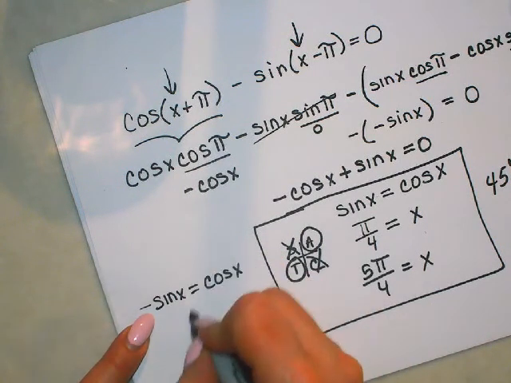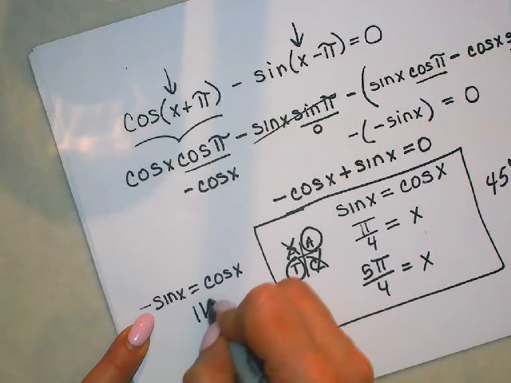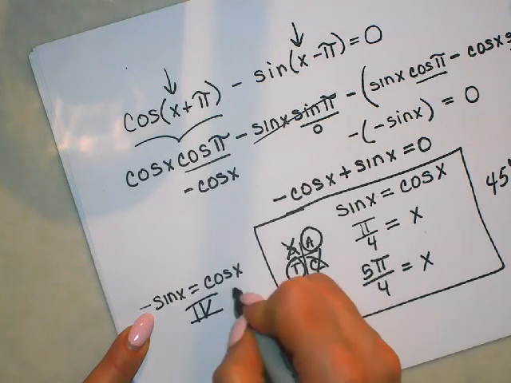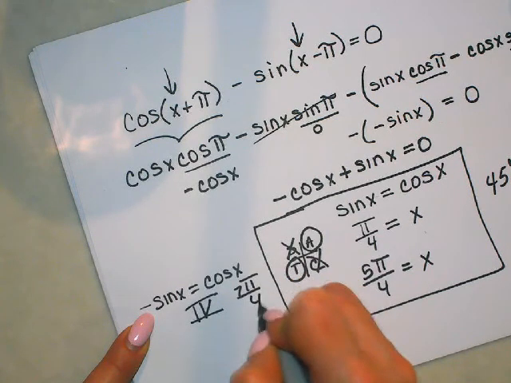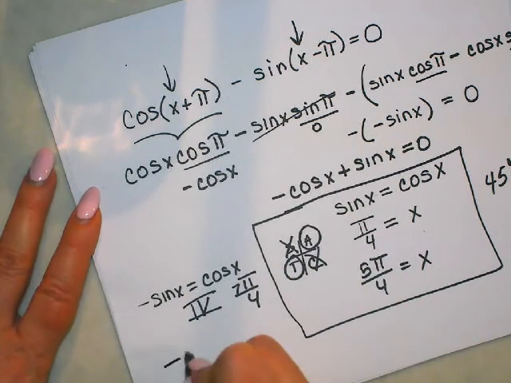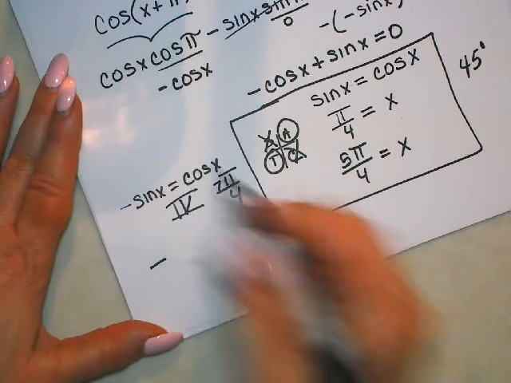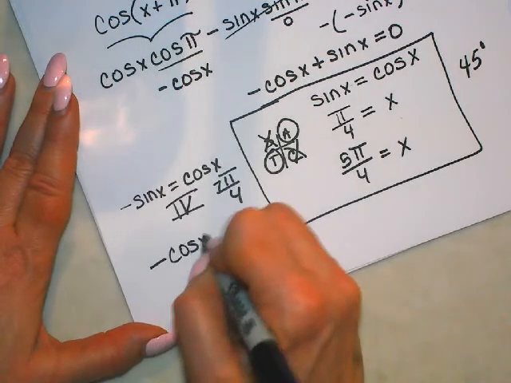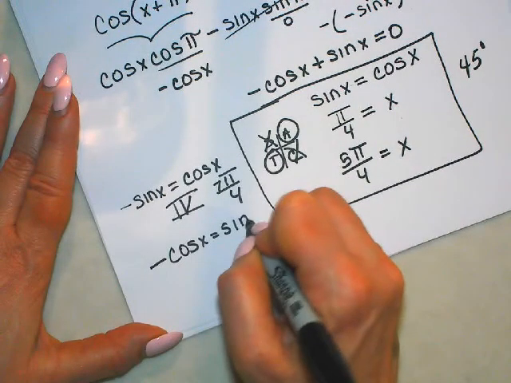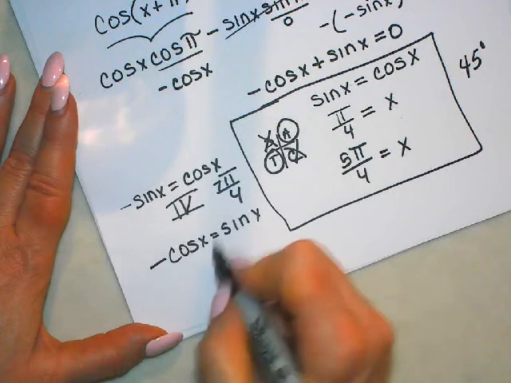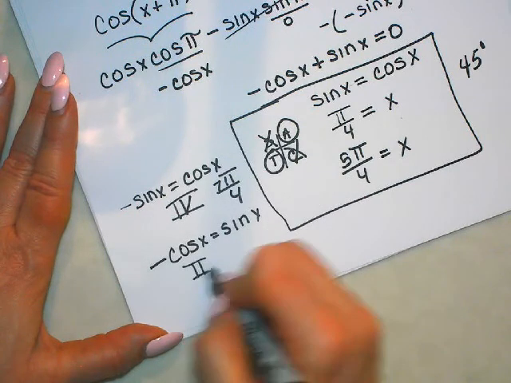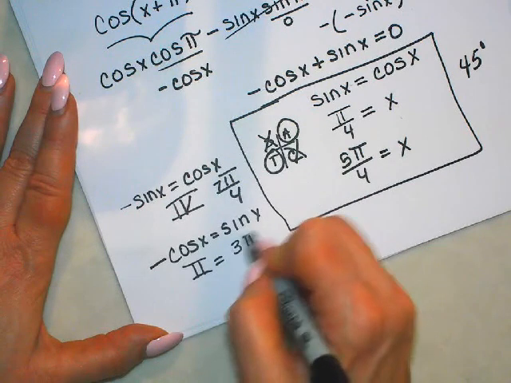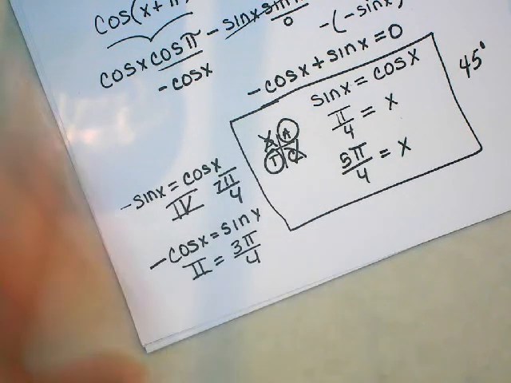In this case, if its sine is negative and cosine's positive, then it's in quadrant 4, which would be 7 pi over 4. And if it was the other way around, a negative cosine and a positive sine, then you're in quadrant 2, which is 3 pi over 4.